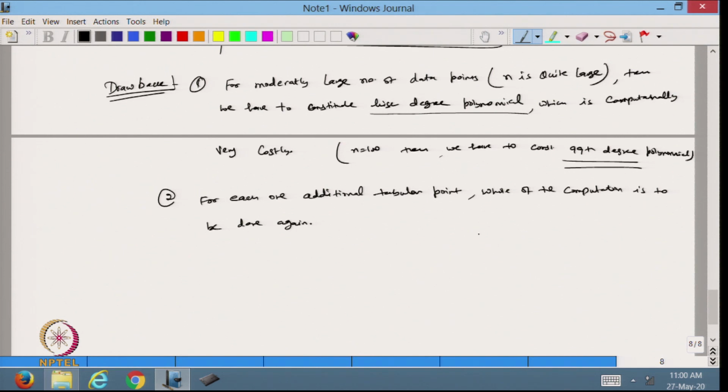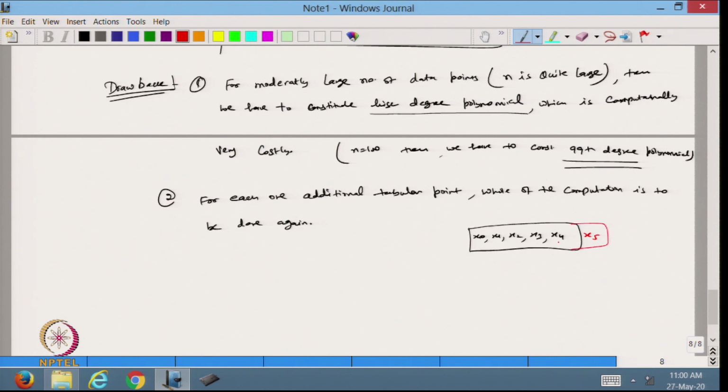Like, suppose I have 5 points given to me, x0, x1, x2, x3 and x4. Based on these, I will constitute the 4th degree interpolating polynomial. Then somebody asks me, okay, let us add one more point. So, now we have 6 points.